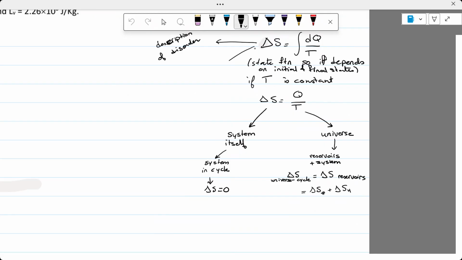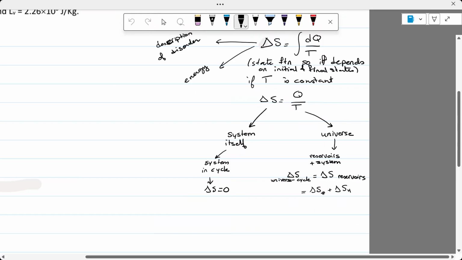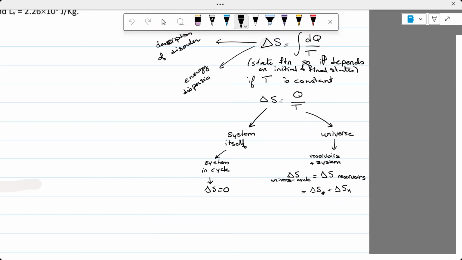A more physical way of describing entropy is saying it's a description of energy dispersion, or how energy is lost from the system to the surrounding, leading to having this irreversible process.